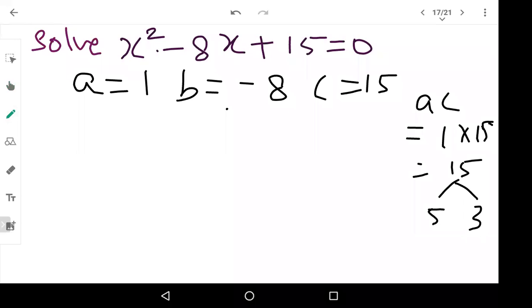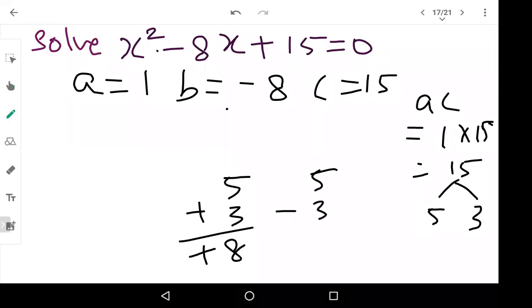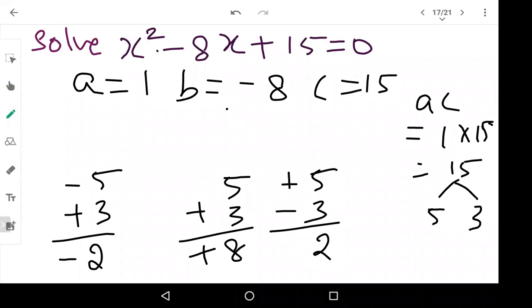If you take 5 plus 3, you will get plus 8. If you take 5 minus 3, you will get 2. If you take minus 5 plus 3, what will you get? Minus 2. Correct? But if you take minus 5 minus 3, you're going to get minus 8.